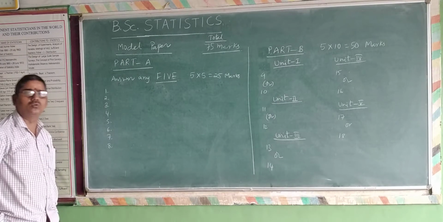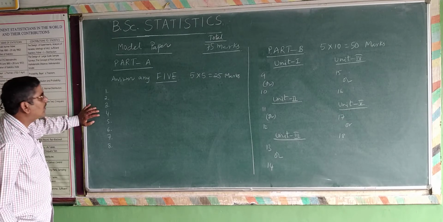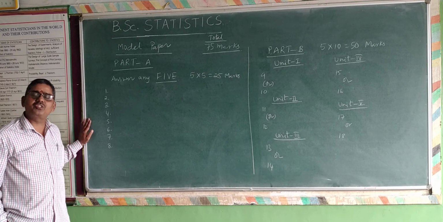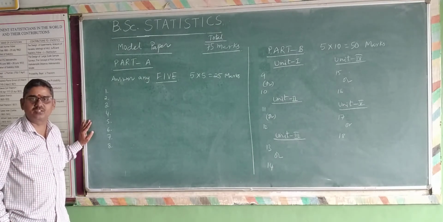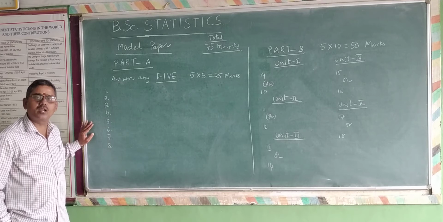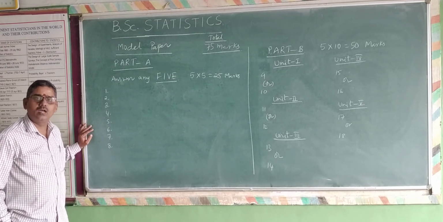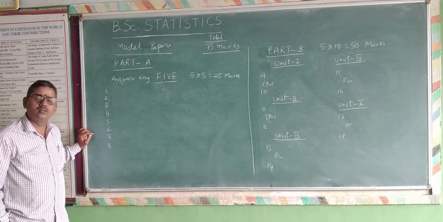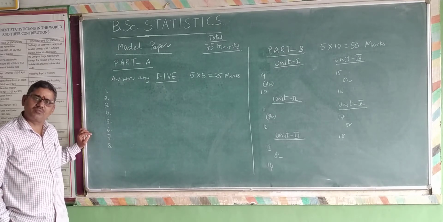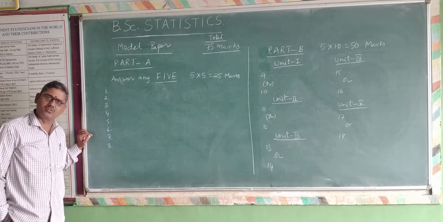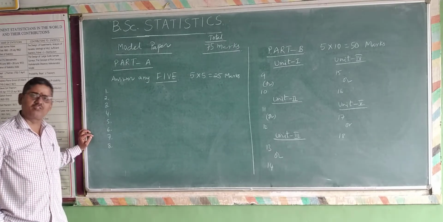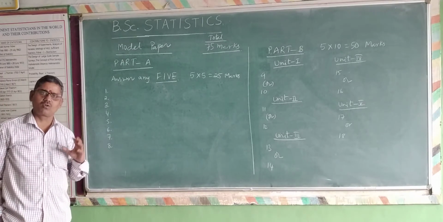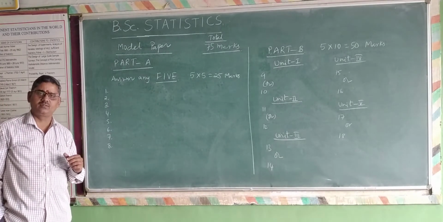Then what you have to do, you concentrate on part A, for which you have to read the definitions, important concepts, simple problems, and properties of, for example, some distributions, correlation, regression.